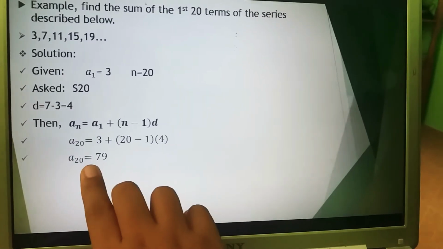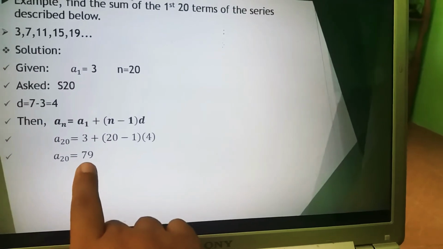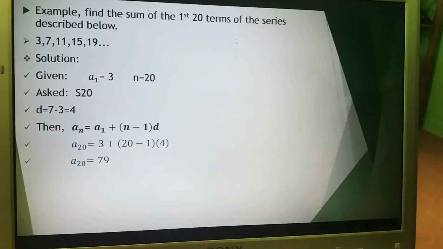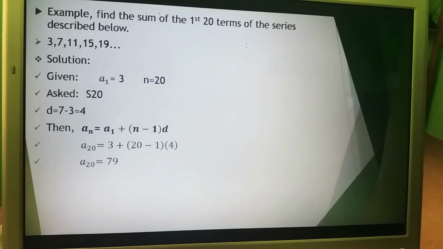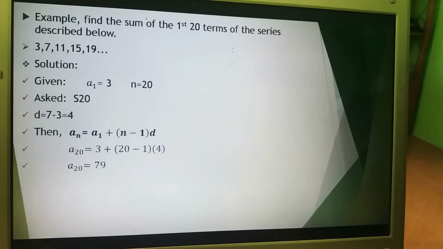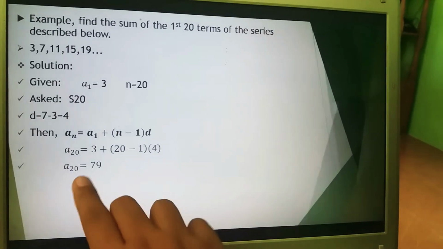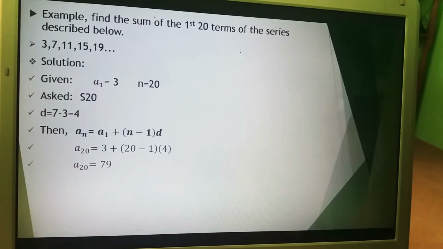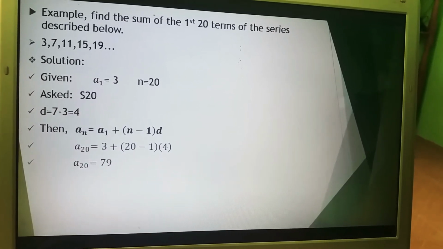So, ibig sabihin, yung pang 20 na number dito sa ating series ay 79. Ngayon, paano naman natin malalaman yung sum ng first 20 terms? Meron na tayong 79 as your 20th term.